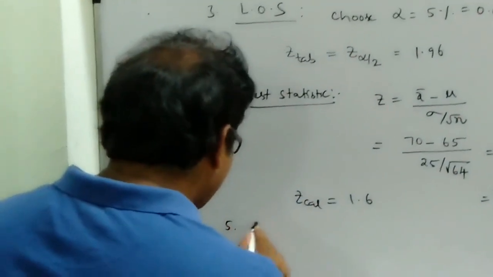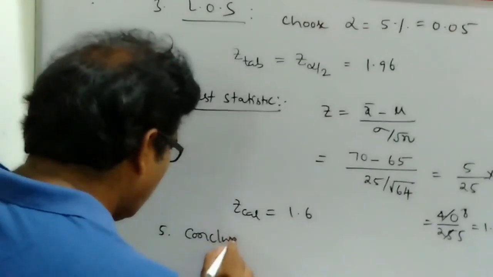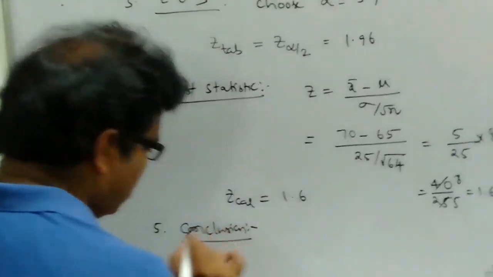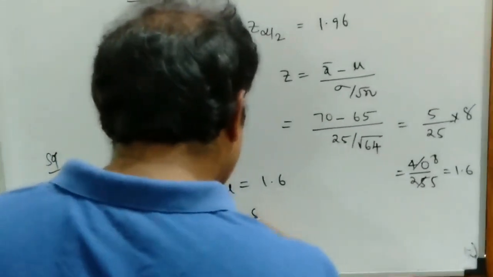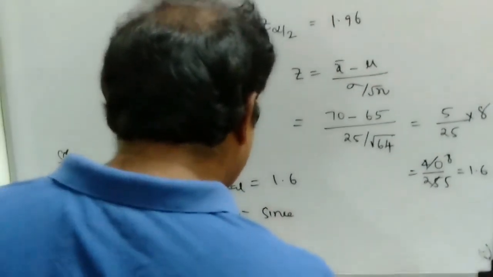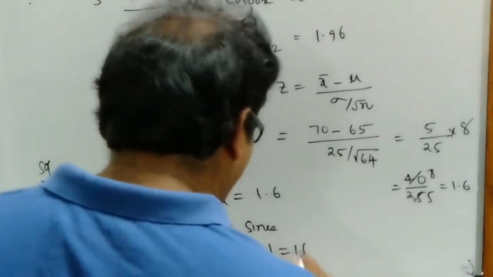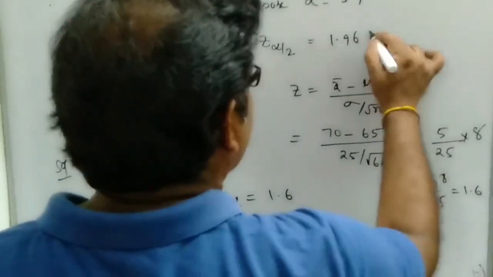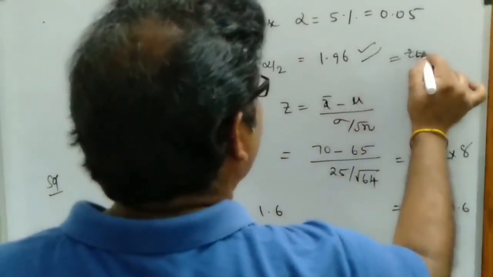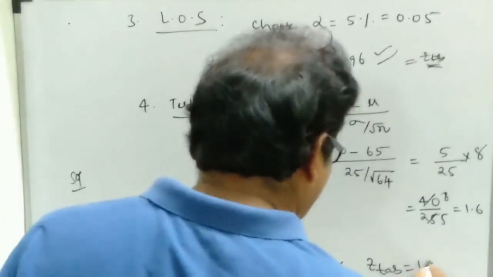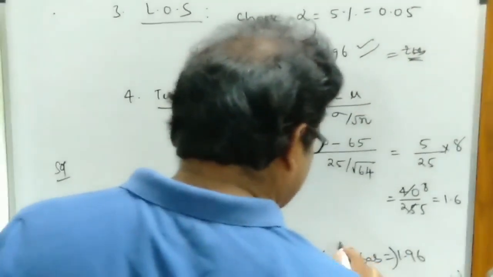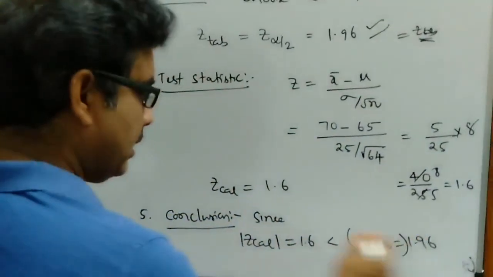So the last step, here we have to conclude. That is the conclusion step. Since mod Z calculated value 1.6 is less than the Z tabulated value 1.96, this is the lesser value.